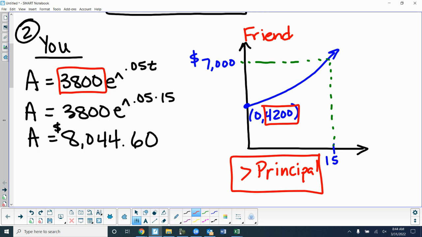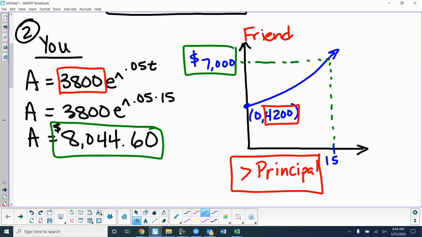And the other question was, which account has a greater balance after 15 years? Which one of these is bigger? 7,000 or 8,044.60? The 8,000, right? So this had the greater balance.